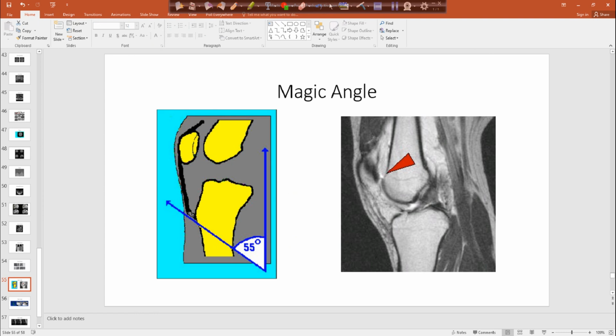So here's the static magnetic field. This is a sagittal. So once again, you're laying along the length of the bore of the magnet. So you can see here, this is B0. And then that collagen-containing structure right here, right where the patella tendon is attaching to the tibia, it increases our T2 decay time.